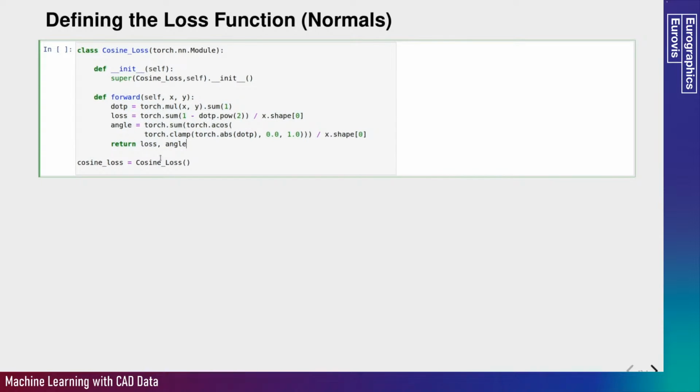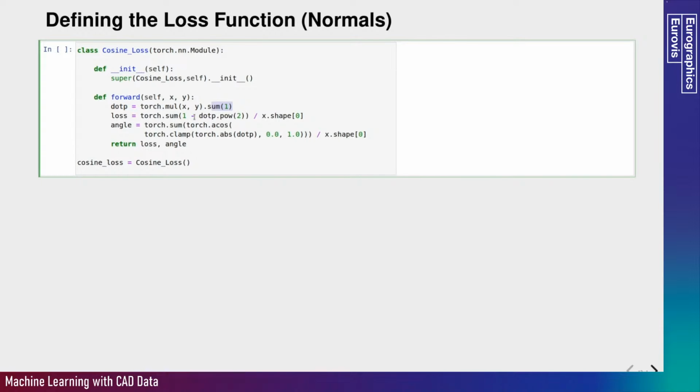The loss itself we calculate by taking the dot product of the 2 normals. So x is, for example, the estimated normal, and y is the ground truth normal. We take a torch multiplication of x and y, and then sum it up along axis 1, and this gives us the dot product of these 2 normals.